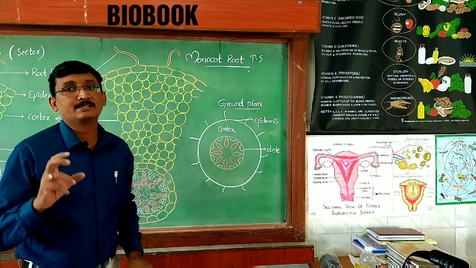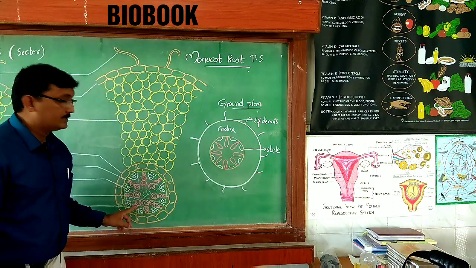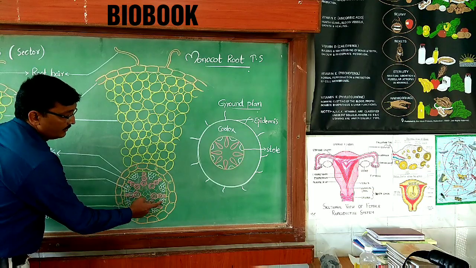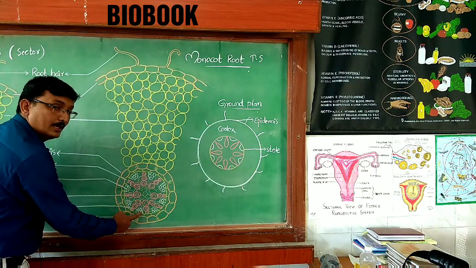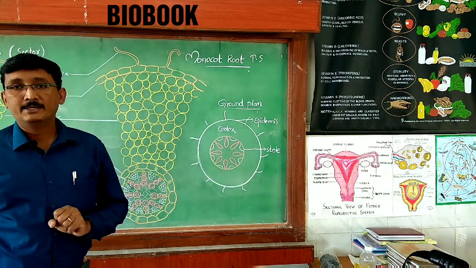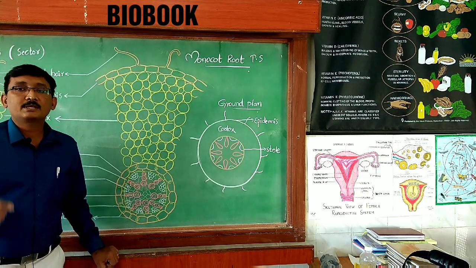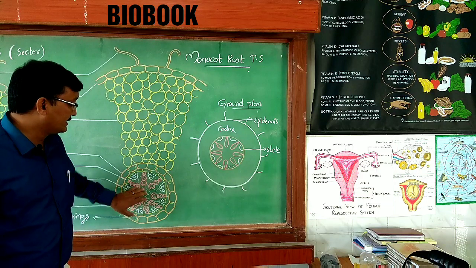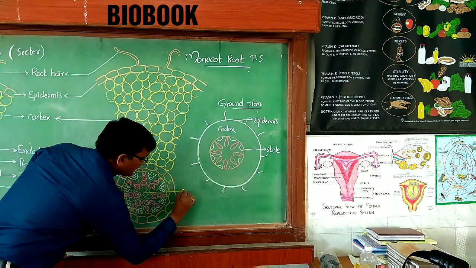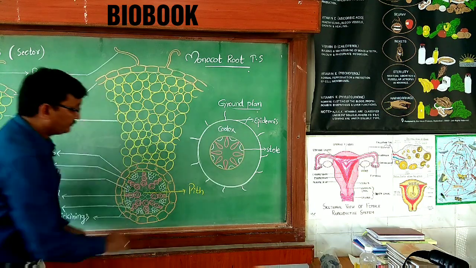This character is called polyarch. Xylem alternates with phloem, and this type of vascular bundle is known as a radial vascular bundle, right? And at the center of the stele there is parenchymatous tissue, and this is called pith or medulla. So this part is called pith or medulla.